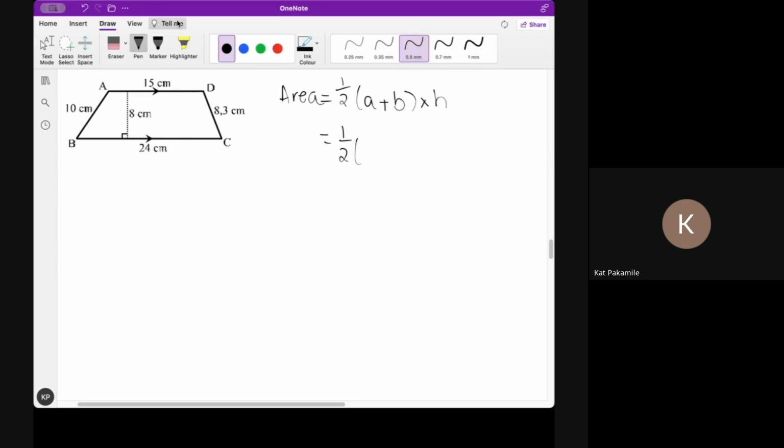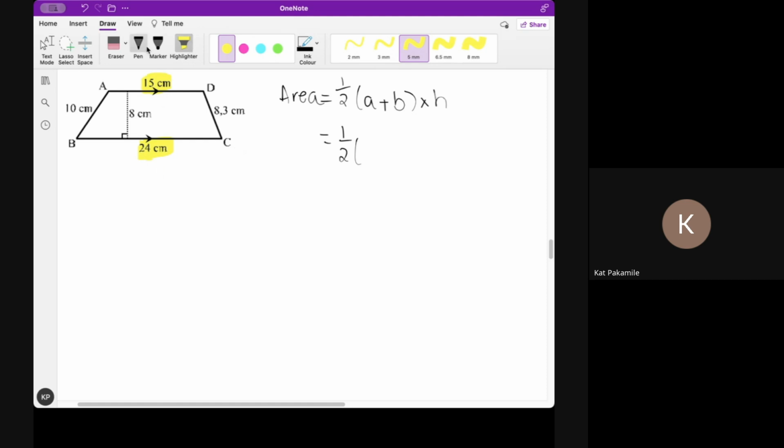Remember, when we say side A or B, we're talking about the sides that are parallel. It's always the ones that are parallel with one another. Even if they turn this shape around and make it vertical, which they will in a test, you look for the two sides that are parallel.